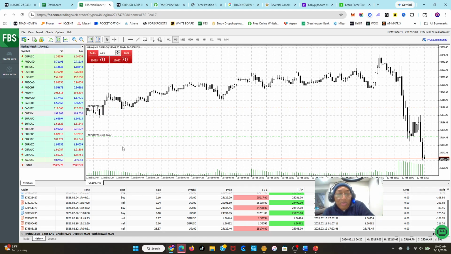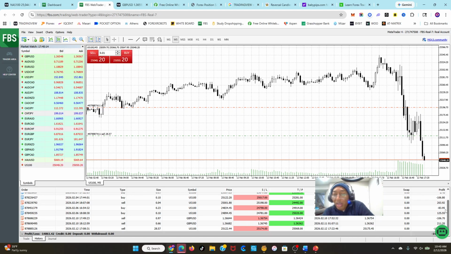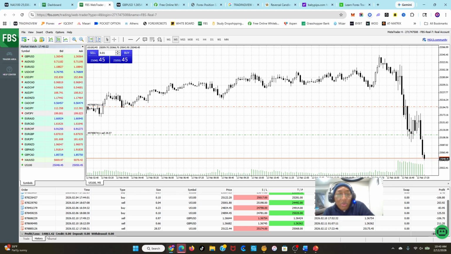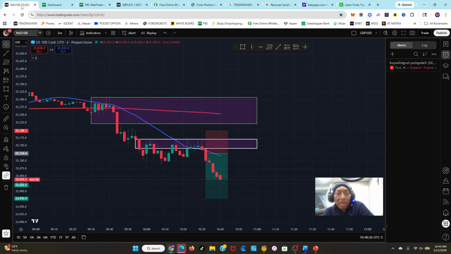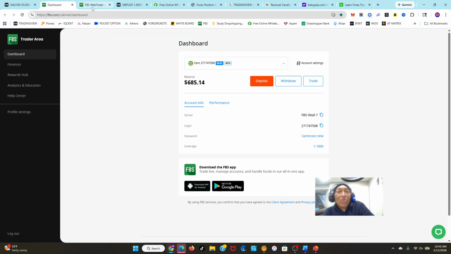So we lost quite a big chunk here today. We lost 148 because it's a cents account, so just move 2 decimal points. We lost 148, but we are in the trade, so we could recoup our losses if this holds. If this holds, we will recoup our loss and make a profit, okay?